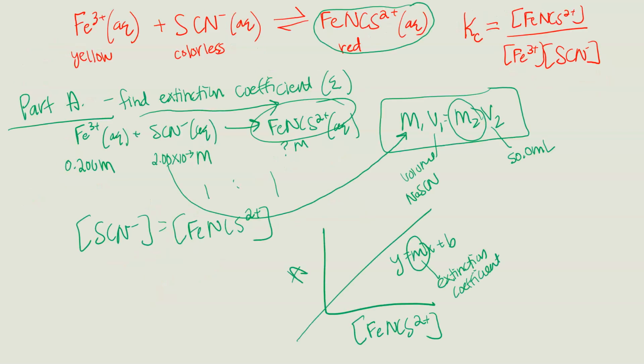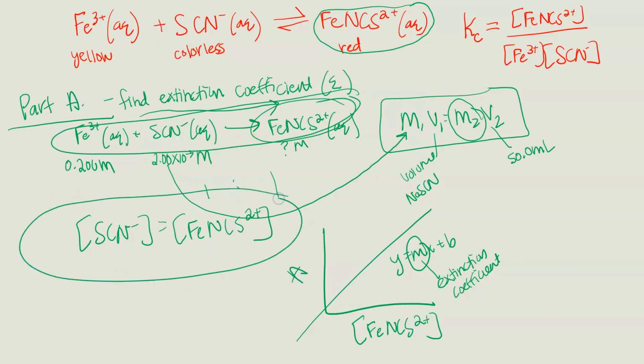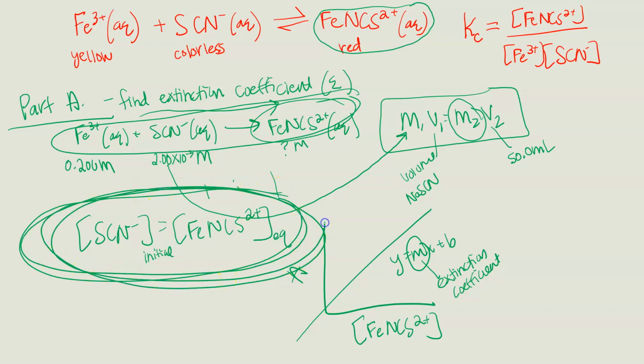Nope, that was part B. Part A. Here, there we go. What we said in part A was that the SCN minus initial is equal to the FeNCS2 plus equilibrium. That's what we said in part A. So what you're testing in post-lab question 2 and 3 is, is that true? So that's what you're calculating in number 2 and answering about in number 3.